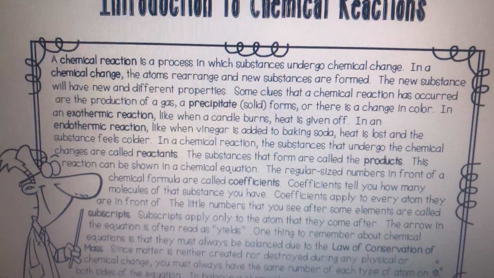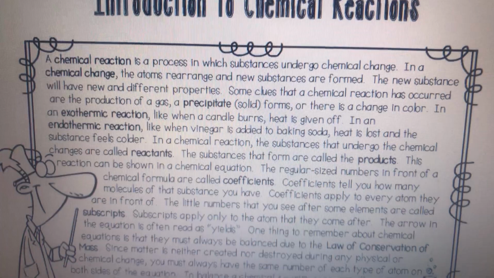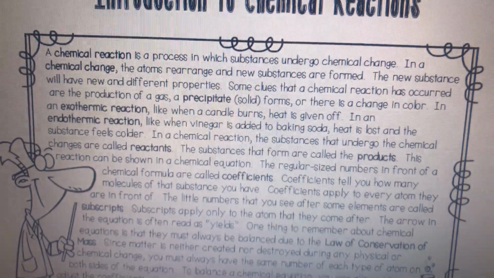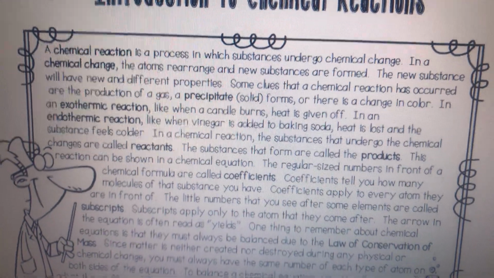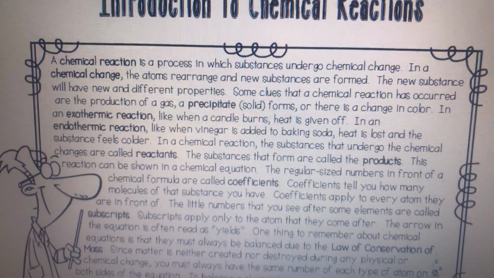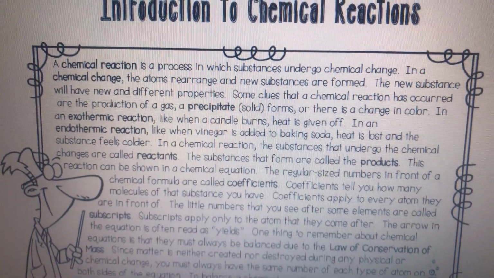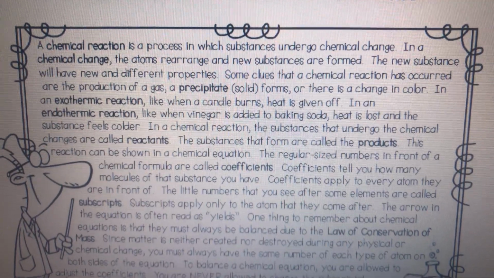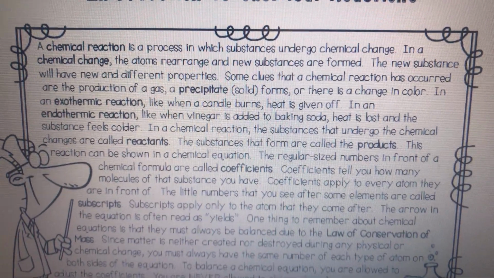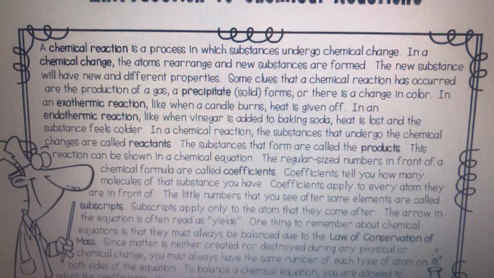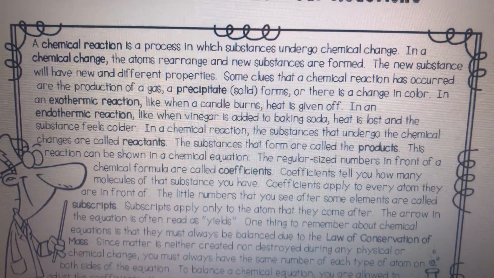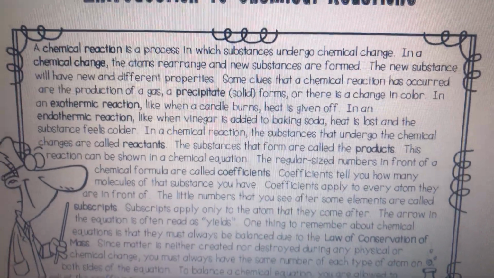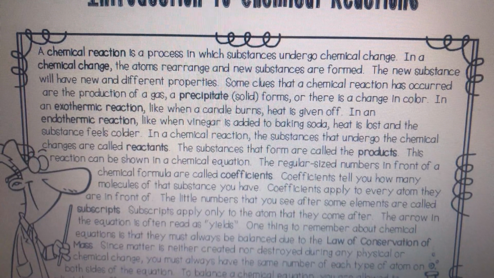If it's H2O, it's no longer water. That gets split apart. If it's salt, NaCl, sodium chloride, it gets split apart. And when I say split apart, it means it changes its entire compound. It becomes something else. In a chemical change, the atoms are rearranged and new substances are formed. The new substance will have new and different properties.